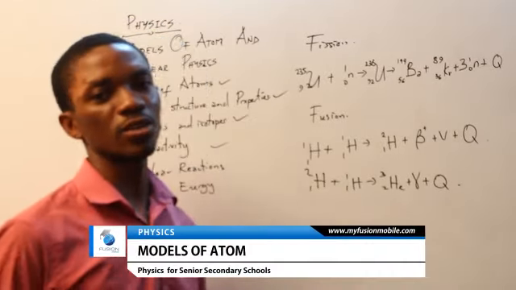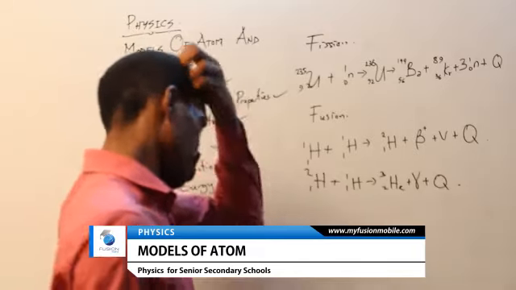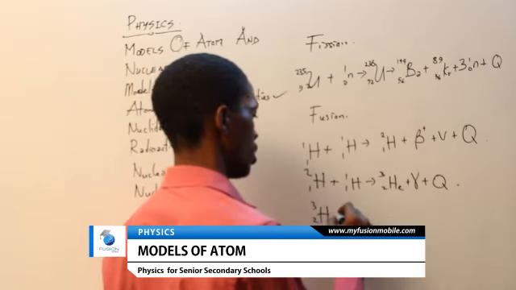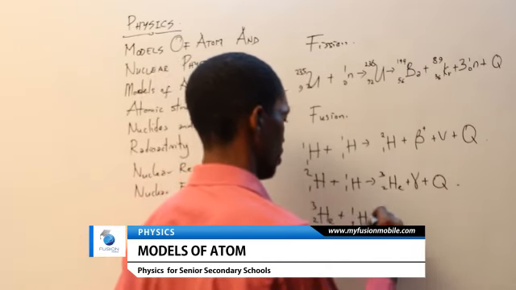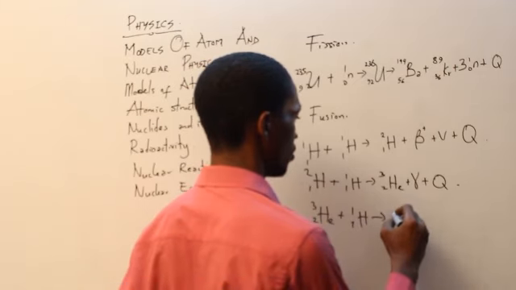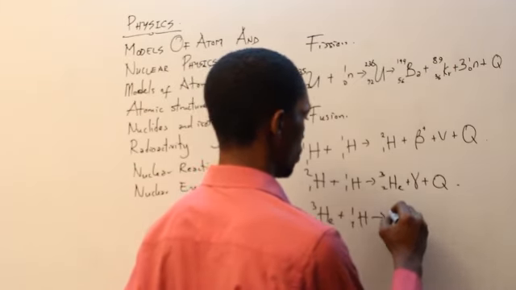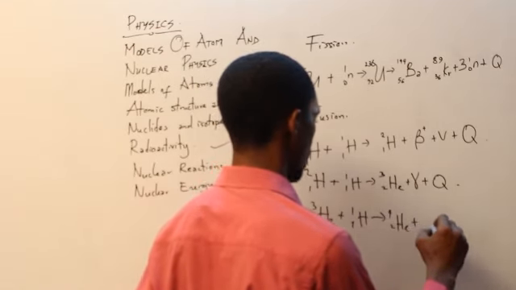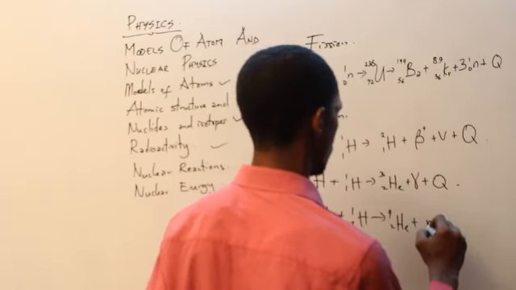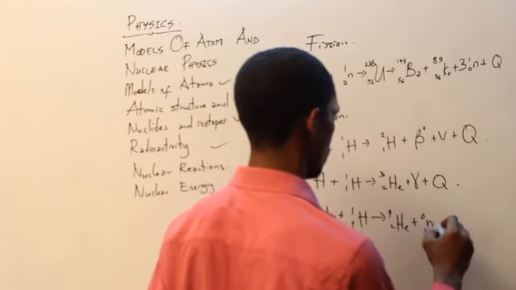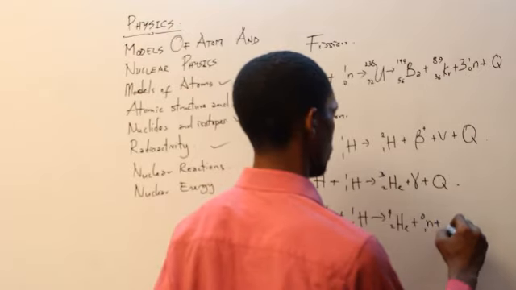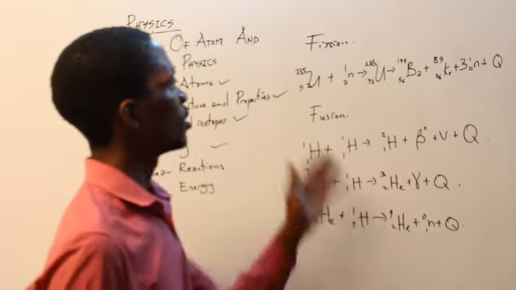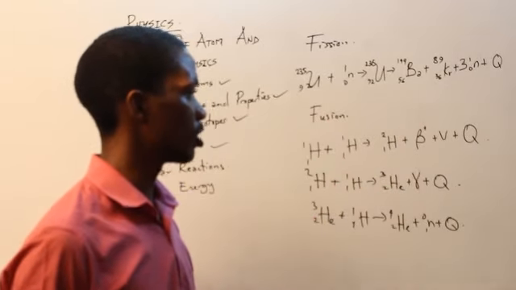And if you add to this helium again, you will have your proper helium now created, and you would also have a neutron that will be given off, no charge, plus a lot of energy. So all this, if you observe, there is always a release of energy.